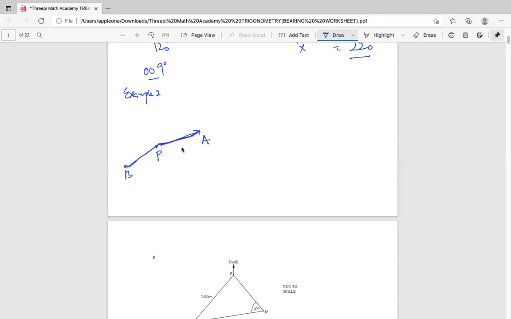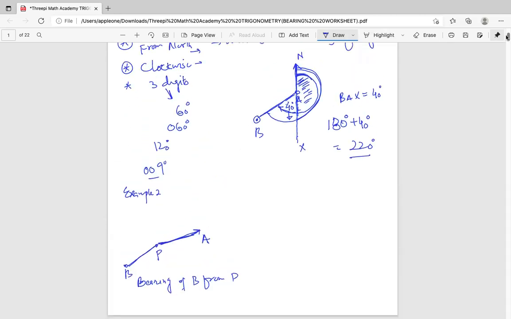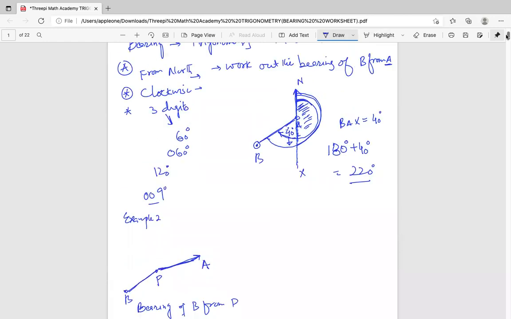And they say, what is the bearing of B from P? See the 3 things which I wrote there. First thing is from north.